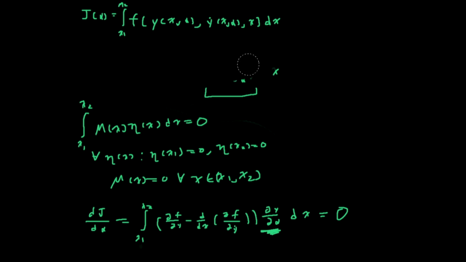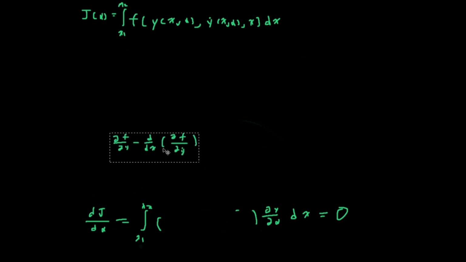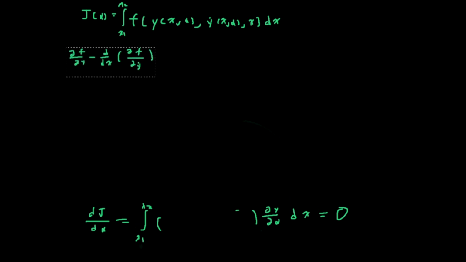If we rearrange that, we get something called the Euler-Lagrange equation, which is very important in the calculus of variations, as well as in physics in general, as we'll see in future videos. Basically, this quantity is going to be equal to 0.